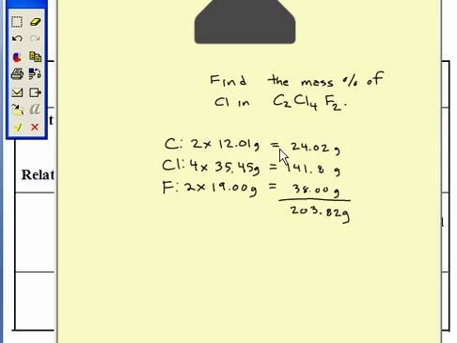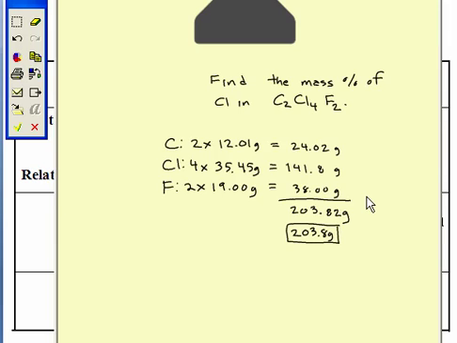Okay, so when we do our math, I end up with a total molar mass of 203.82. And looking at my sig figs, I only have one place after the decimal point in this value, so correct sig figs, my answer is 203.8 grams.